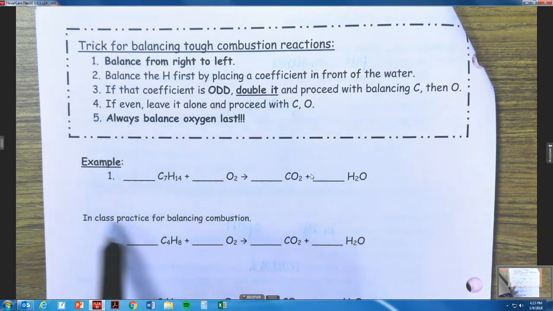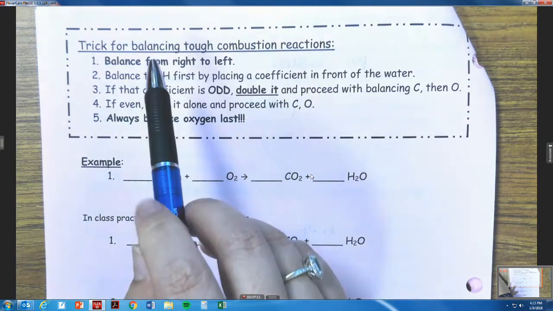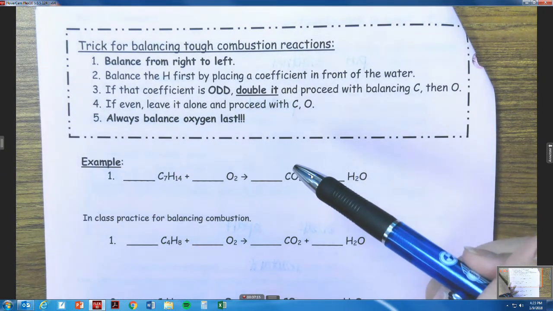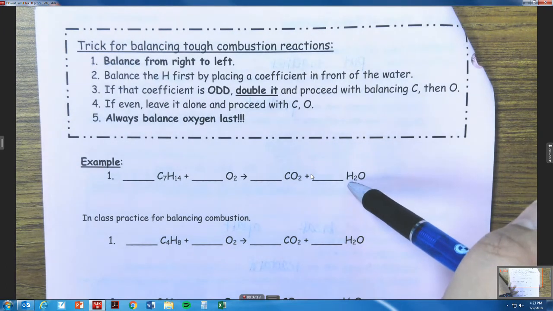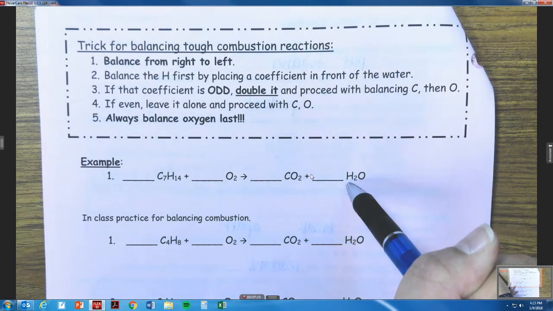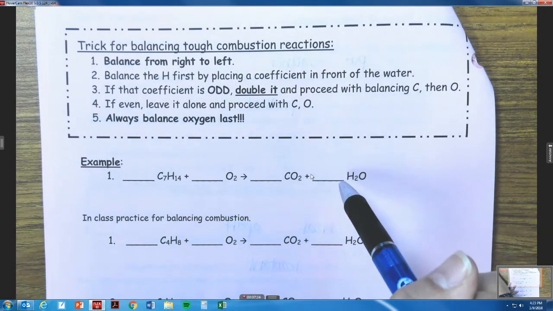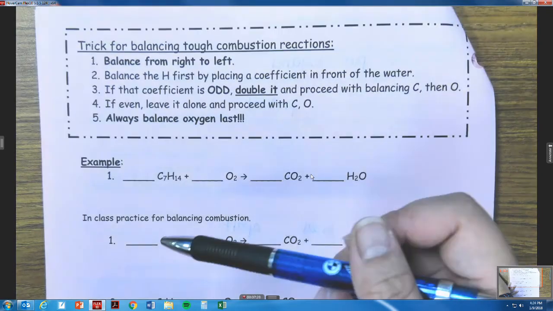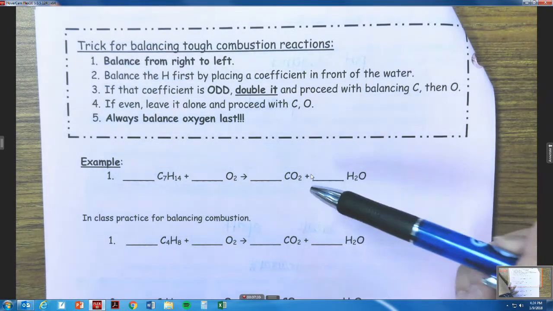So really what this is all saying is that we are going to balance hydrogen first. Make sure that your coefficient for water is even. If it is not even and it's an odd number, you're going to have to double it to make it even. So let's say we have a coefficient of 9.